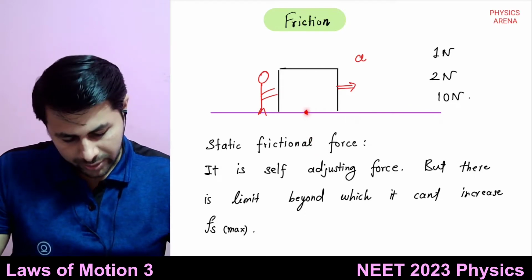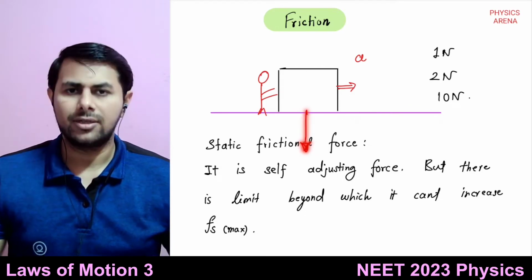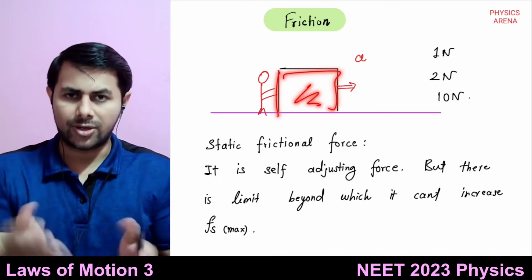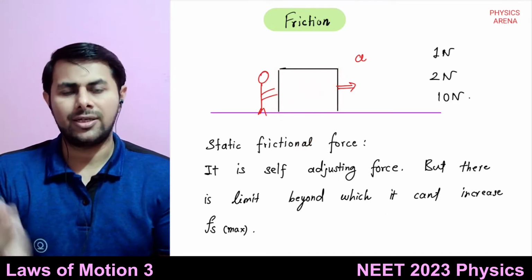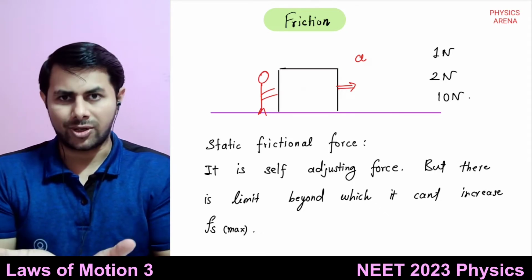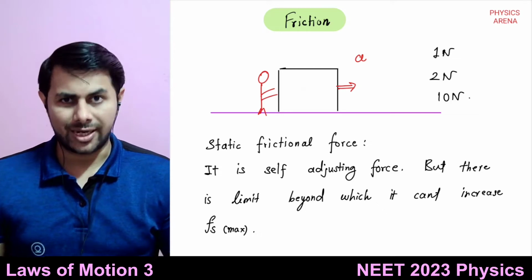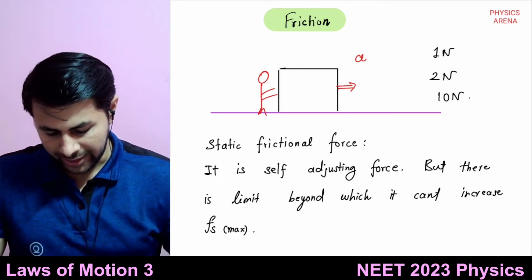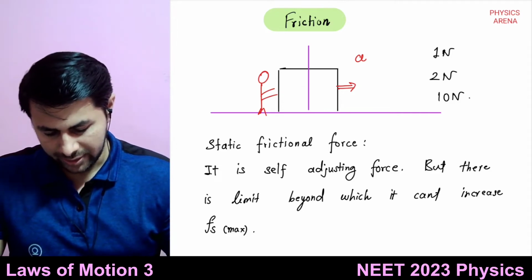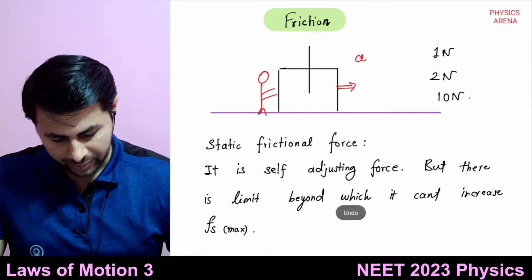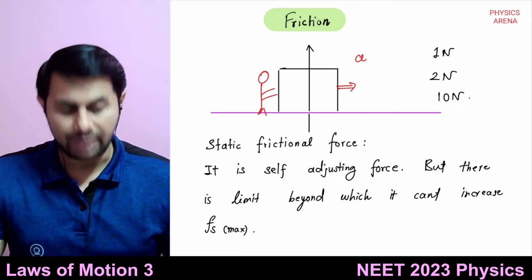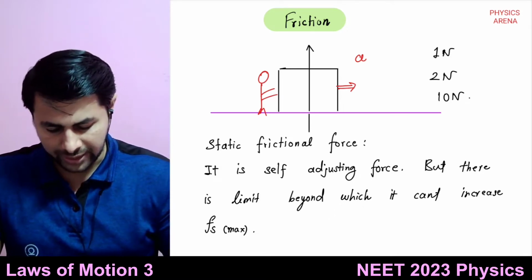Due to the gravitational force there is a force exerted by this block on the floor, and there is an equal and opposite force exerted by the floor on the block, which we call the normal reaction, which will act vertically upwards. This time it is exactly equal to the gravitational force which is acting downwards.